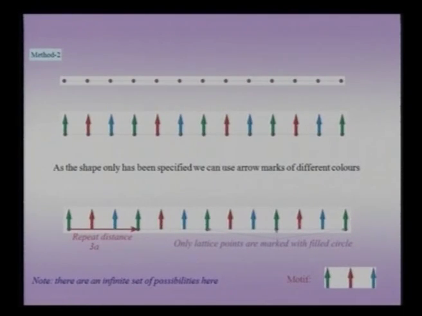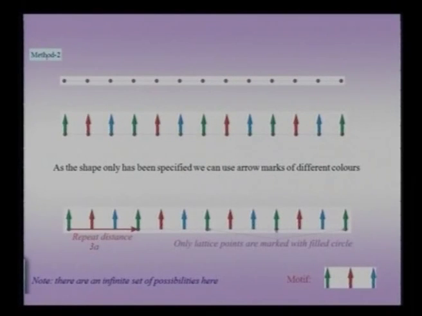But I have not exhausted all possible ways of generating this one-dimensional crystal. So let us consider one more method in the next slide, wherein I have this original array of points spaced a, and this time I change the color of the arrows.